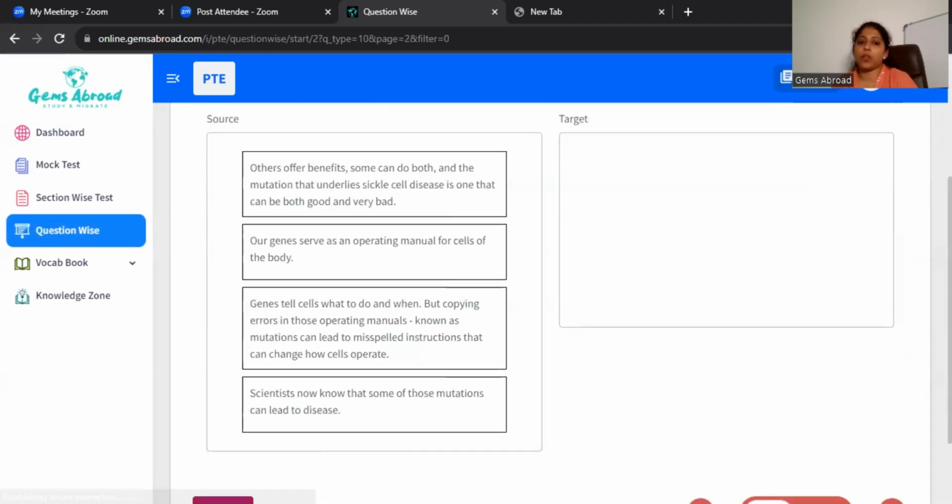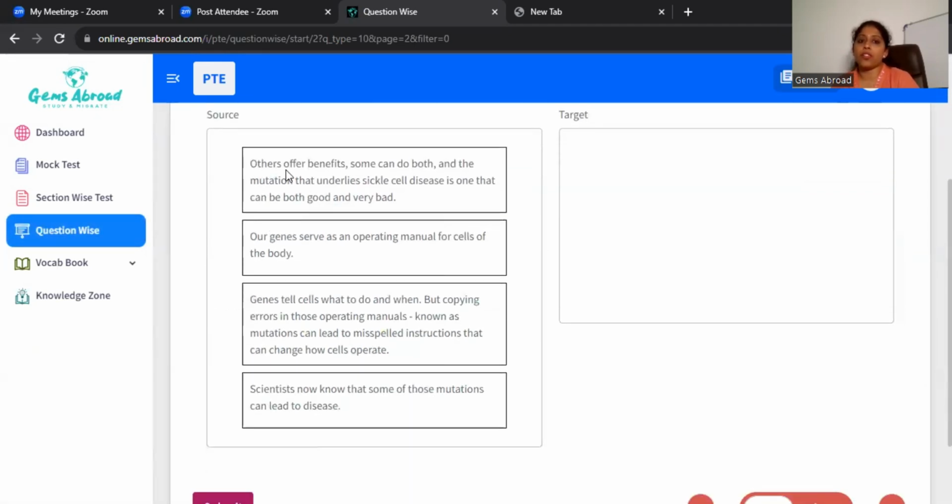The second one: you have others offer benefits, which is not an introductory statement. Again, our genes serve as an operating manual for cells. Genes tell cells what to do.